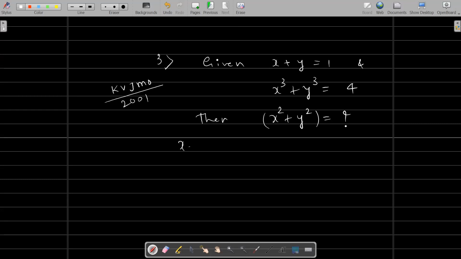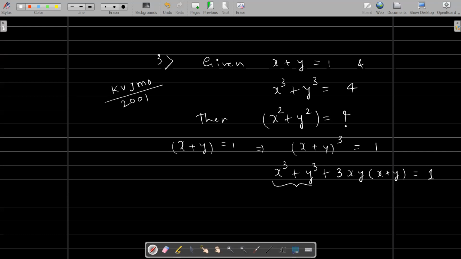Okay, so x plus y is 1, which implies (x plus y) cubed is again 1. That gives us x cube plus y cube plus 3xy times (x plus y) is equal to 1 cubed, which is 1.